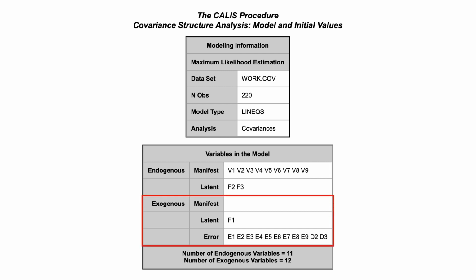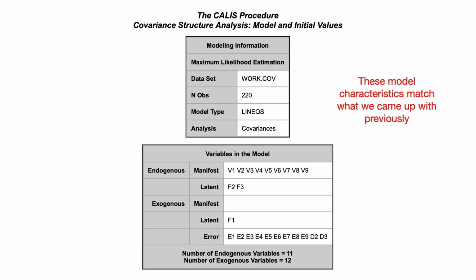We have 1 latent exogenous variable, and that is F1. And we have 11 exogenous error terms, E1 through E9, and D2 and D3. And so we have 11 endogenous variables and 12 exogenous variables. These model characteristics match up with what we came up with previously.